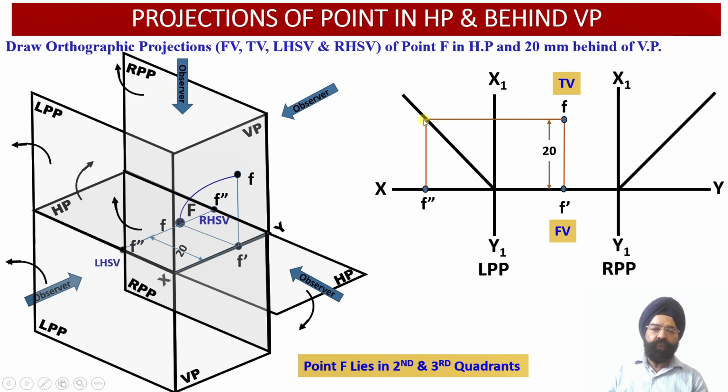Now once we obtain a vertical projector line through this transfer line, we have to extend this vertical projector line up to a horizontal projector line which is emerging from the point F dash, because the elevation of this point F, or the front view of this point F, happens to rest onto the horizontal plane or the XY reference line.